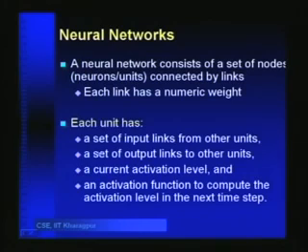Each unit has a set of input links from other units. It has a set of output links which goes into other units. It has a current activation level, which I will define shortly, and has an activation function to compute the activation level in the next time step.